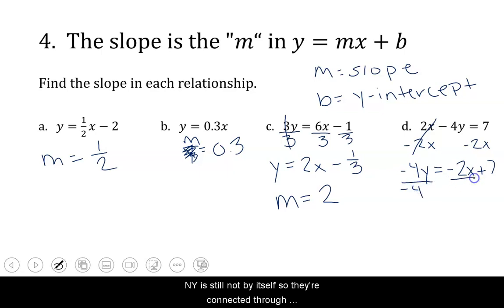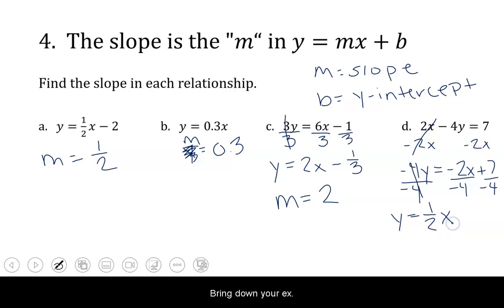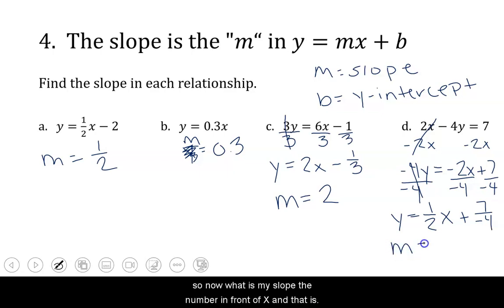So do opposite, divide negative 4 all the way across. So y equals, two negatives make a positive, and simplify that fraction. 2 over 4 is a half. Bring down your x, plus 7 over 4, and that cannot be simplified. So y is by itself. So now, what is my slope? The number in front of x, and that is 1/2.